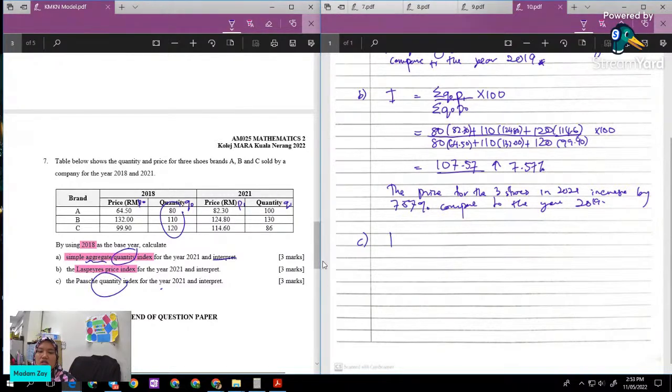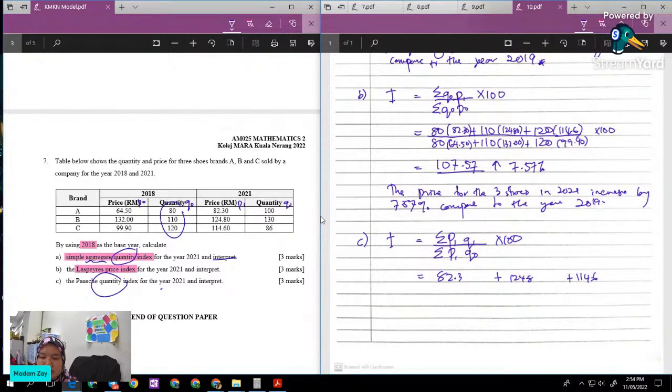So, untuk C, Paasche quantity index. Quantity maksudnya ratio yang kita nak cari adalah Q1 and Q0 ratio. So, price kita yang kita nak kena jadikan pemberat. So, price for Paasche is current price, P1, multiply by 100. So, masukkan pemberat tu dulu. Pemberat kita adalah price P1 here. 82.3, 124.8, 114.6.